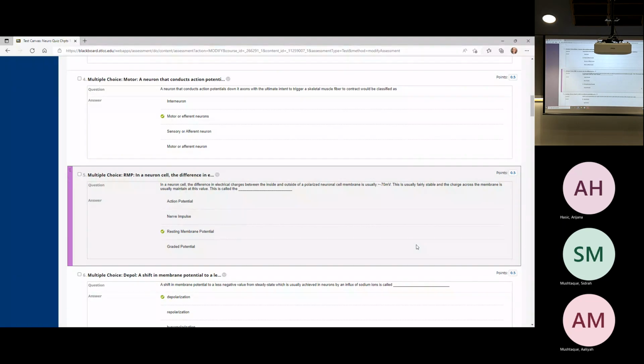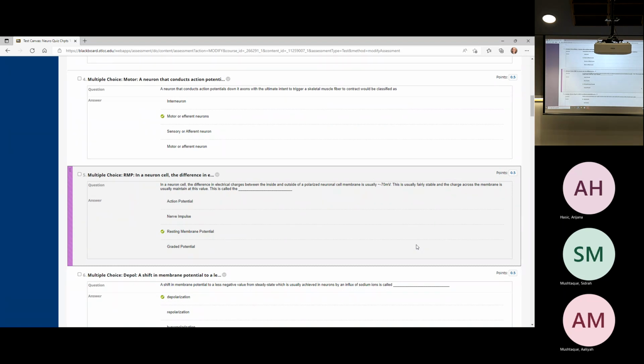Okay. In a neuron cell, the difference in electrical charges between the inside and the outside of a polarized neuronal cell membrane is usually negative 70 millivolts. So I'm giving you this number, and normally when we think negative 70 millivolts, is anything happening that we consider depolarization or hyperpolarization?